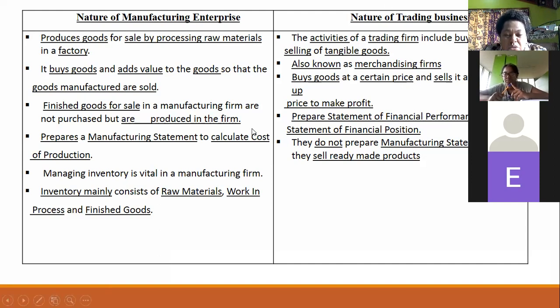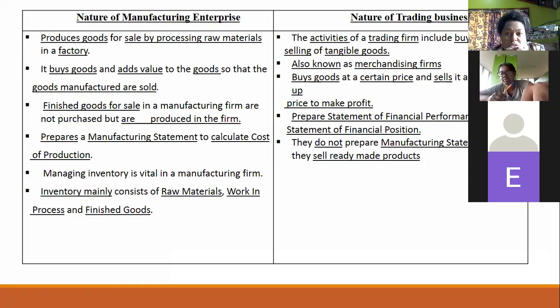So those are the two different purposes of financial performance and financial position. Comparing it to the manufacturing statement, the sole purpose is to calculate cost of production. In other words, towards the end of your manufacturing statement, your last entry will be cost of production. I hope I'm clear.